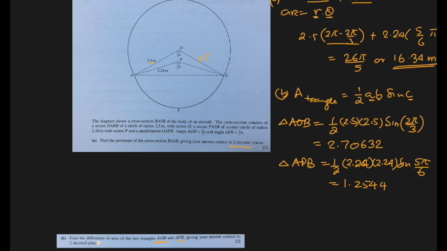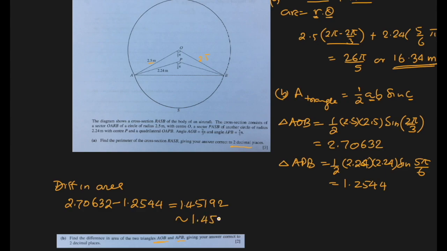So the difference in area will be 2.70632 minus 1.2544, which is equal to 1.45192, or round it off to 1.45 meter square.